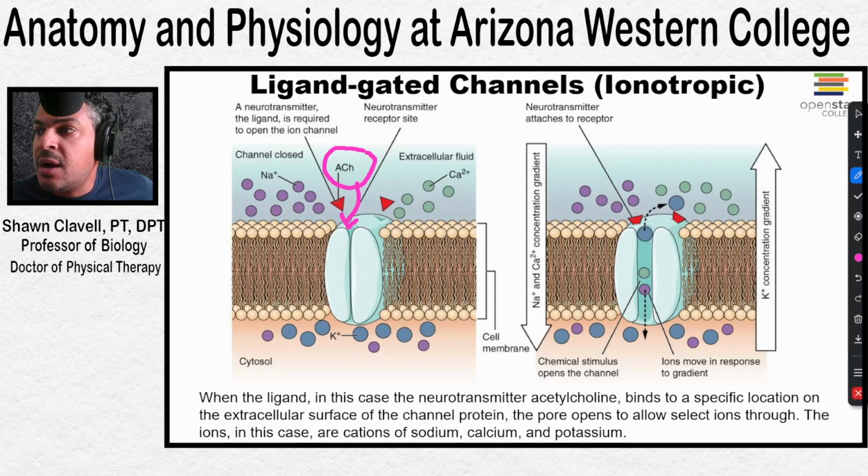You can see here ions move across in response to their gradient. So you'll have sodium ions now rushing in, and potassium ions now rushing out. So in response to a muscle cell, you'll have a neuron which will release a neurotransmitter like acetylcholine, which binds to the receptors, and now ions can float in and out.